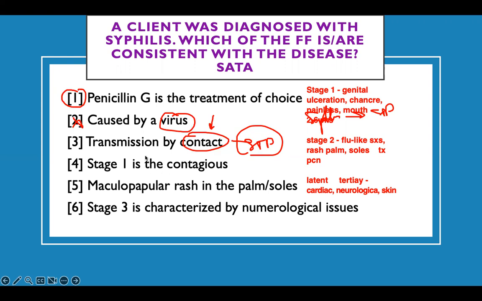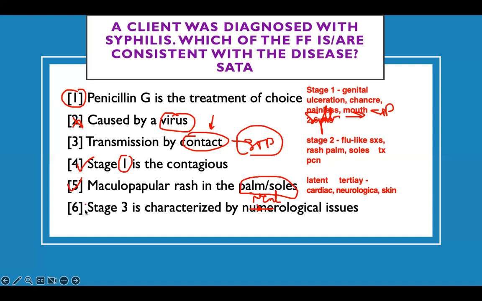Stage 1 is contagious. Yes, stages 1 and 2 are very, very contagious. So this is good. Mucopurulent rash in the palm and the sole. Yeah, if you catch them in stage 2, they will have this. Stage 3 is characterized by neurological issues.